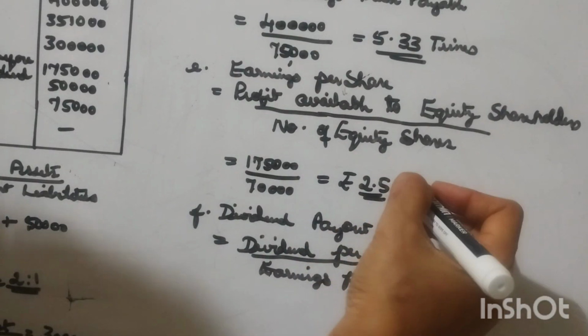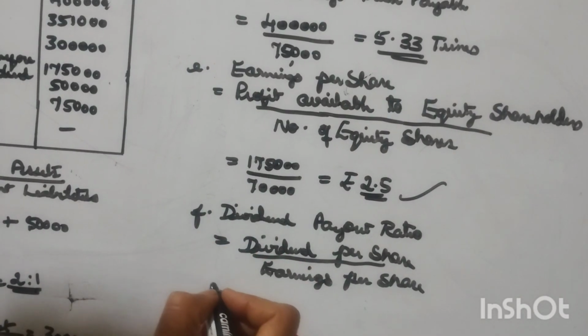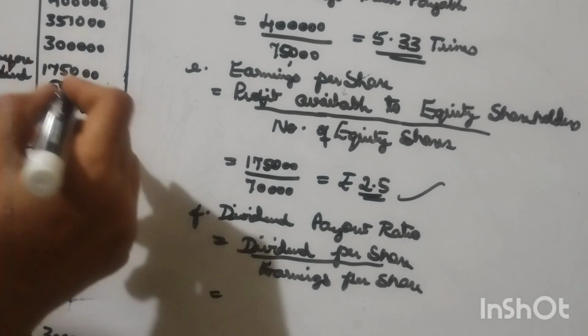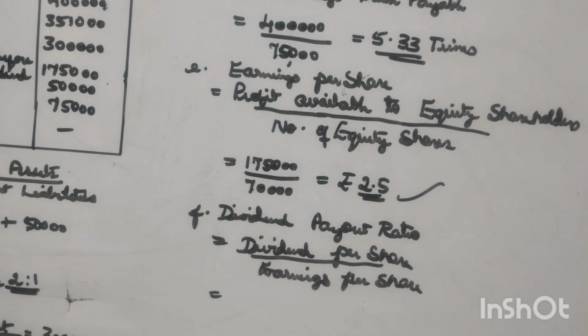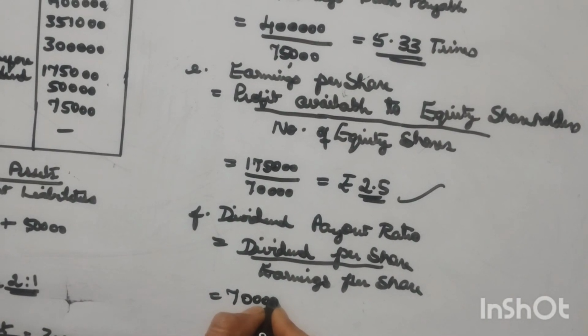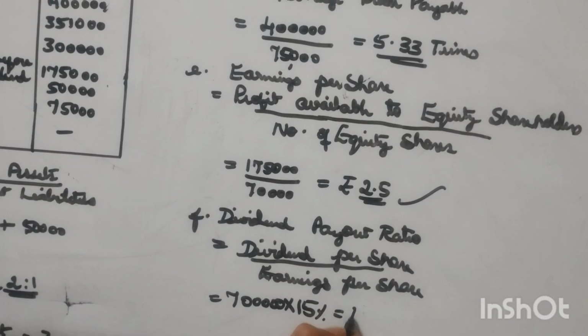Earnings per share is 2.5. For dividend per share, the dividend is given as 15%, so we need to provide it on 7 lakh into 15%, that is equal to 1,05,000.